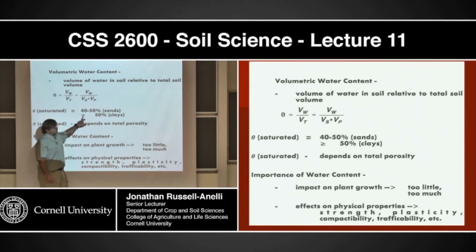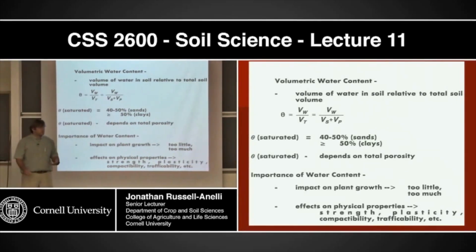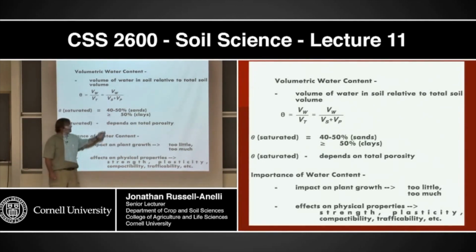Clays, 50% or more. What's going on there? You would think, if I've got a total volume and I'm packing this material, that they should basically be the same. Why am I getting more water in a clay system versus a sand system?